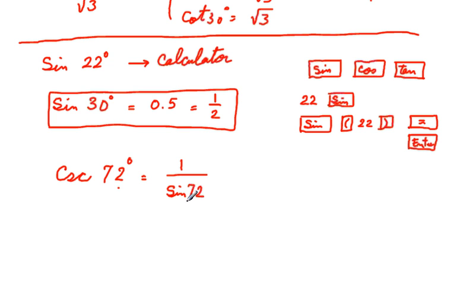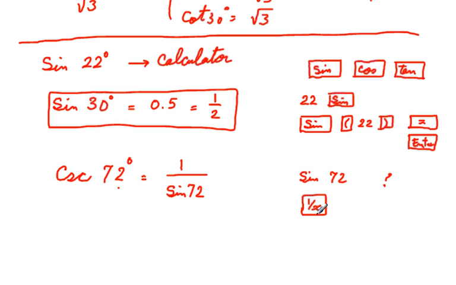Now again, it depends on your calculator style as well as how confident you feel about using a calculator. There are many ways of calculating this. This is a very basic one. You calculate sine of 72, you find out what that is, and then you want to take the reciprocal of that. One of two ways. There is actually a reciprocal button on many calculators, 1 over x.